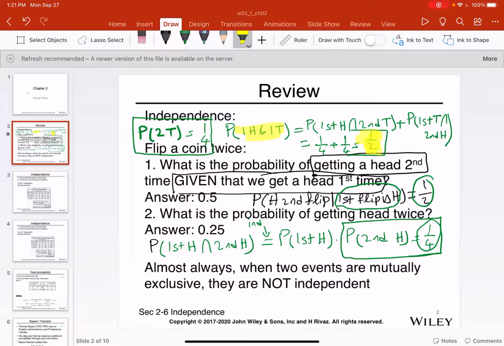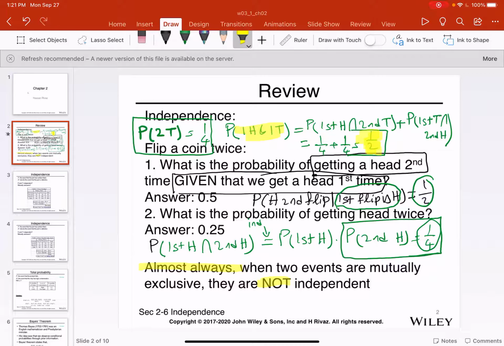And there's a statement at the end. Let's read it out. Almost always, when 2 events are mutually exclusive, they are not independent, right? So there was a question last class, if they are independent, are they mutually exclusive? If they are mutually exclusive, are they independent? So we can say that if 2 events are mutually exclusive, they are actually not independent, right?